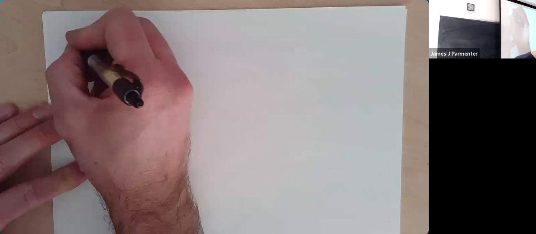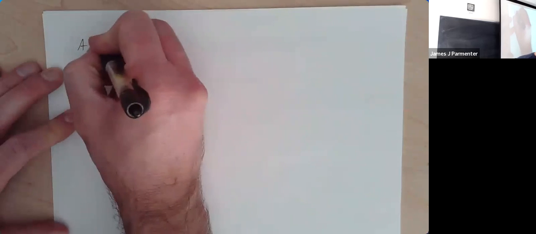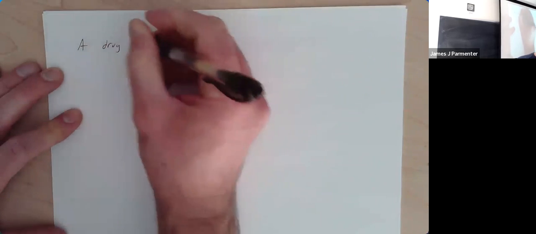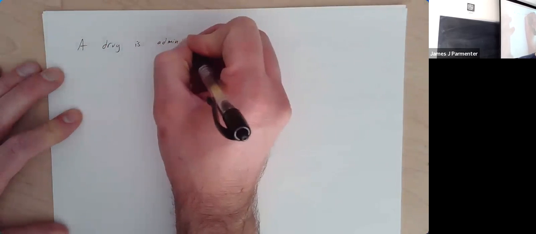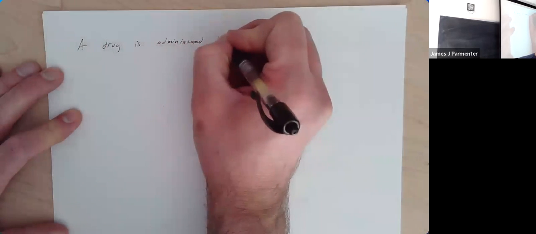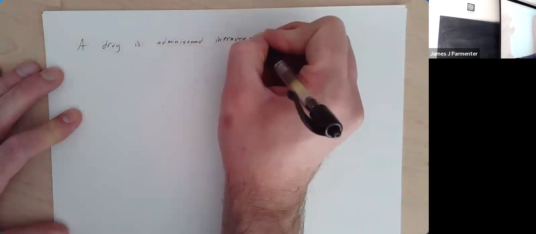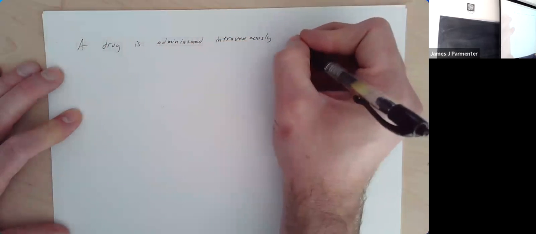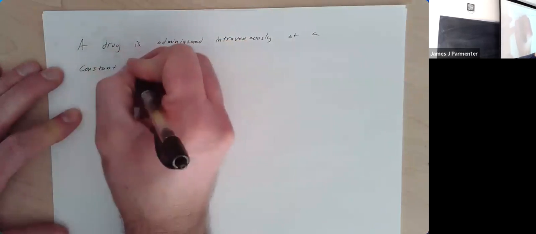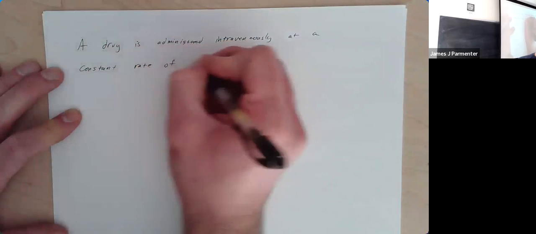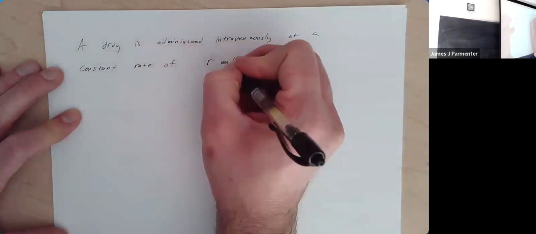Let's have a discussion about question 7 here. So what have we got? A drug is administered intravenously at a constant rate of R milligrams per hour.